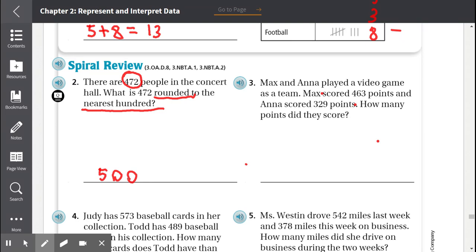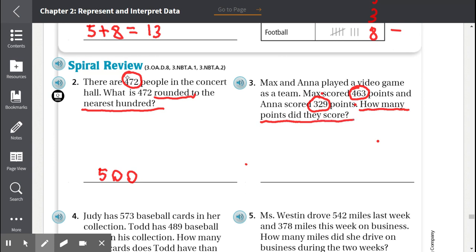Number 3, Max and Anna played a video game as a team. Max scored 463 points and Anna scored 329 points. How many points did they score? So Max scored 463, Anna scored 329, and we always underline our question because it tells us what we need to find.